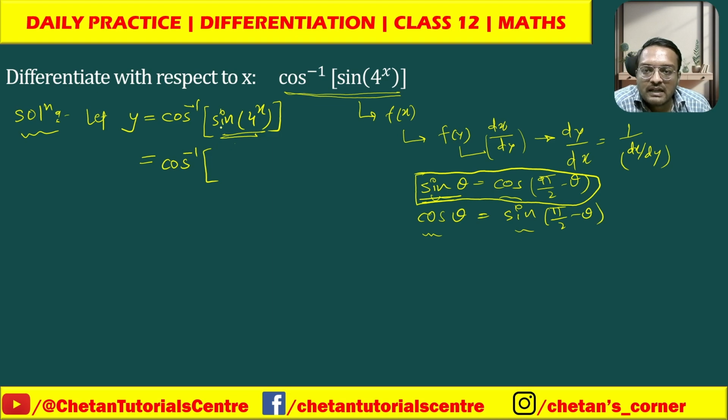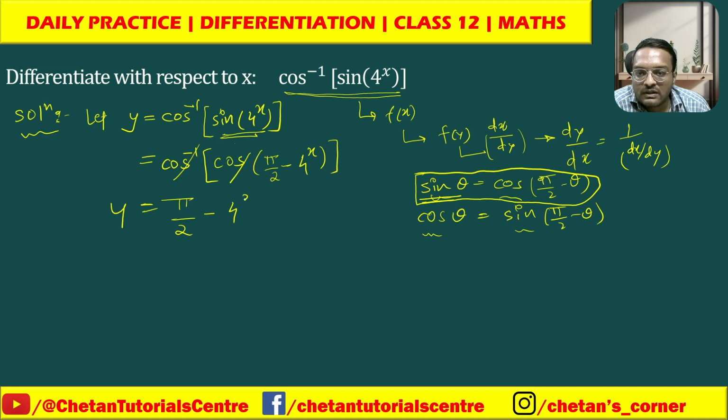Now this sine I will write as cos, then this pi by 2 as it is, and minus theta. The value of theta is 4 raised to x. So in this way we have converted the given sine function into cos. Now we know that this cos inverse and cos will get cancelled. So this y will become pi by 2 minus 4 raised to x. This is a function of x.